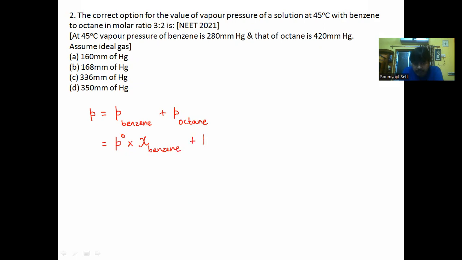Similarly, pure vapor pressure of octane into mole fraction of octane.